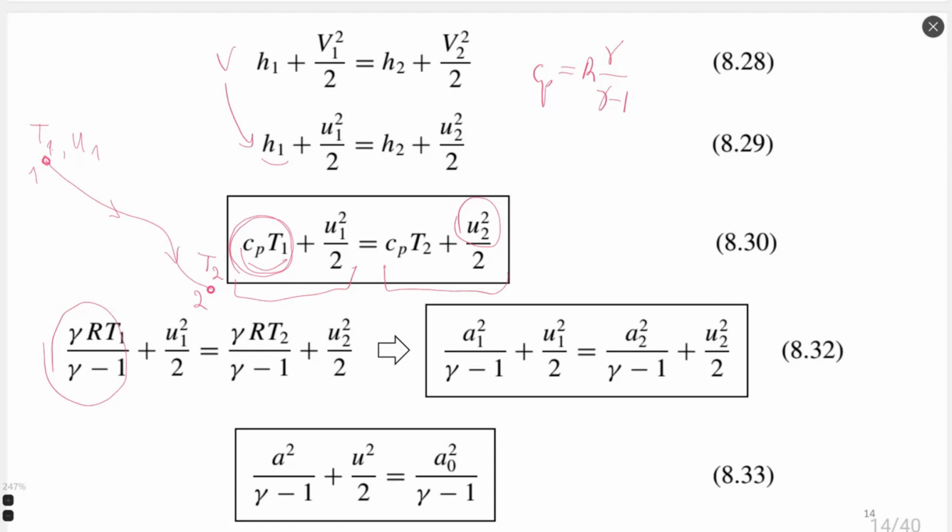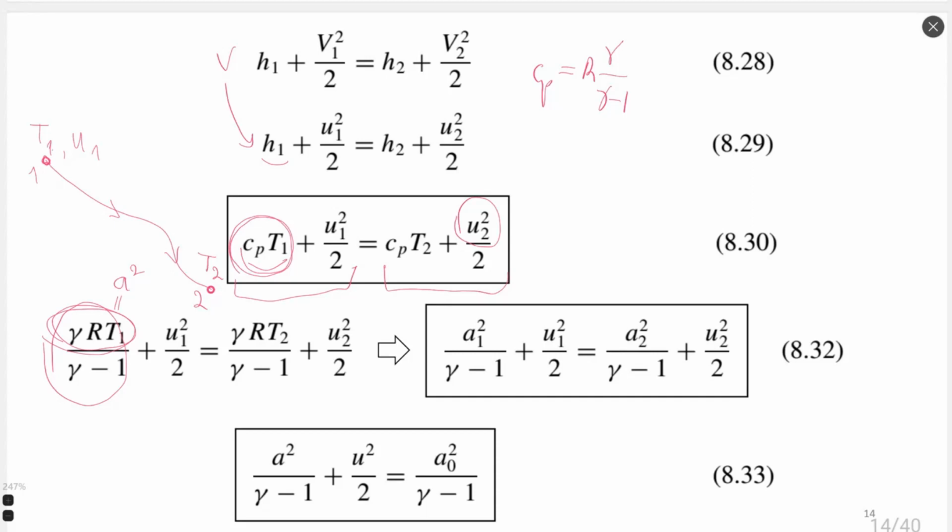Okay, so equation 30 is having this CP, and we can re-express. What does it give to us? It gives to us from definition of speed of sound. This upper part of term is speed of sound in square.